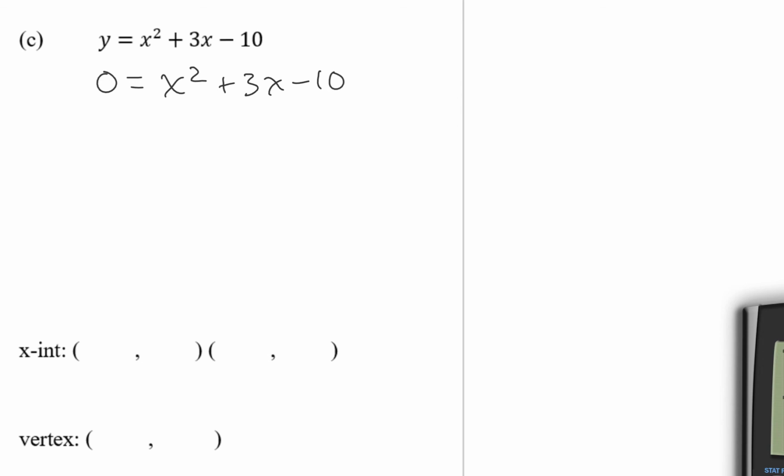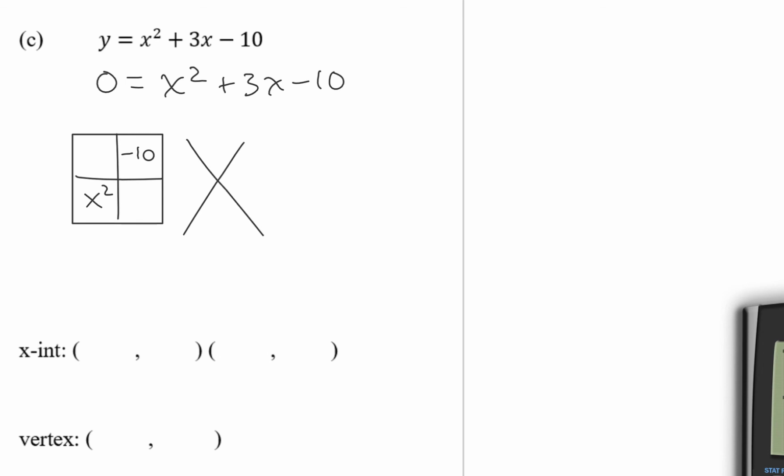So I'm going to go ahead and rewrite this sum of pieces as a length times a width. I'm going to use a generic area model, and I will write in an x squared and a negative 10. I'm looking for two values of x that have a product of negative 10x squared, and when I add them, it should add up to 3x. I'm immediately thinking of 3 and 5.